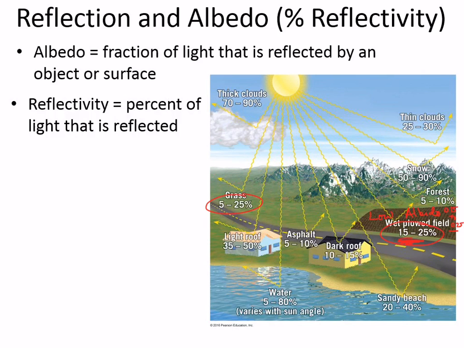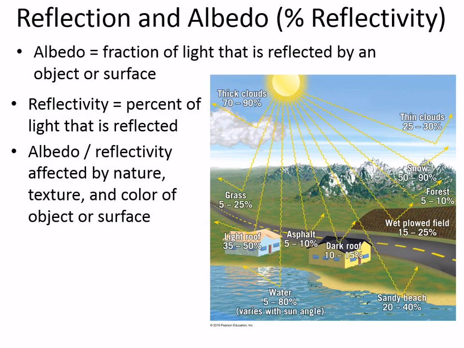Down here, water can vary a lot, depending upon what kind of roof you have. Clouds, depending whether they're thick or thin, have different reflectivity. So not only color, but actually texture matters, and this makes sense.